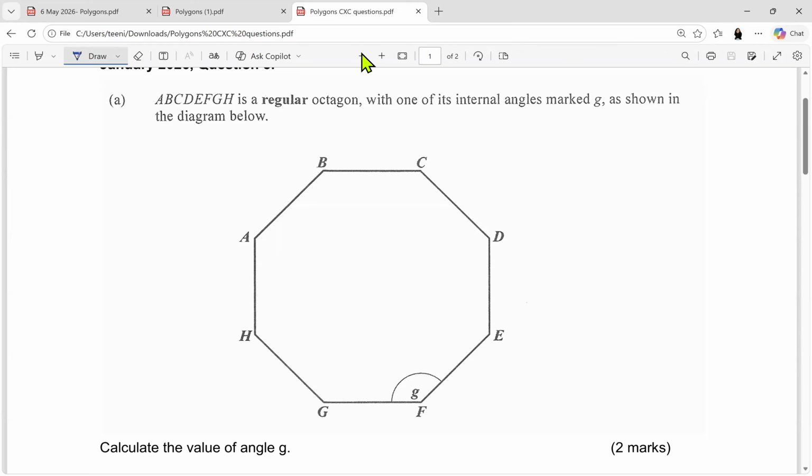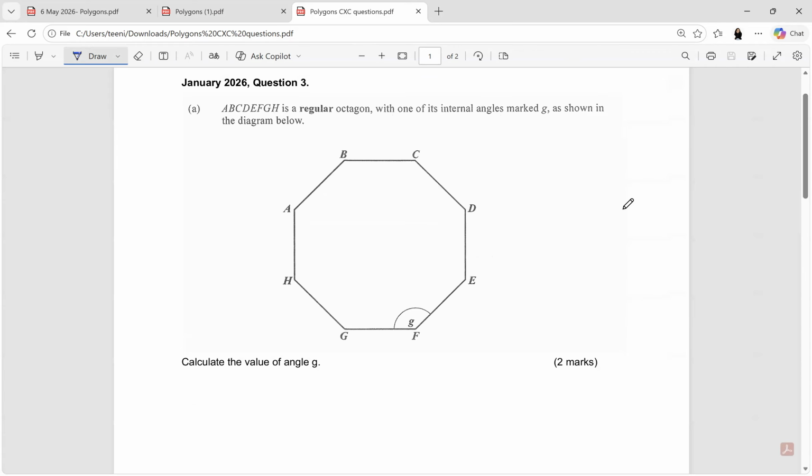So how would we calculate the value of angle G then? How can we calculate the value of angle G? Come on, guys, you know this.